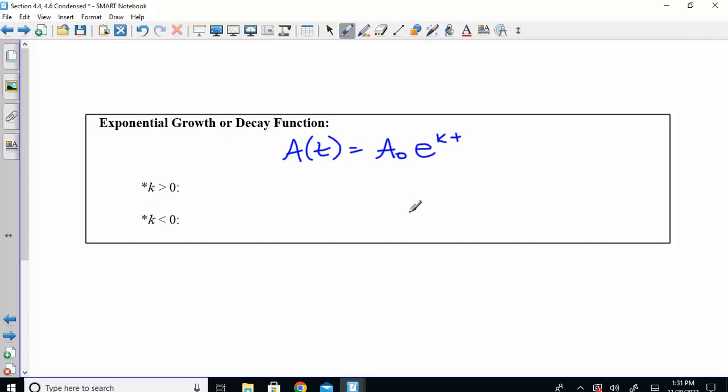K is a constant. T represents a certain amount of time. If k is greater than 0, that would be exponential growth. You're increasing the amount over time. If your k is negative, then that is exponential decay. You have less as time goes on.